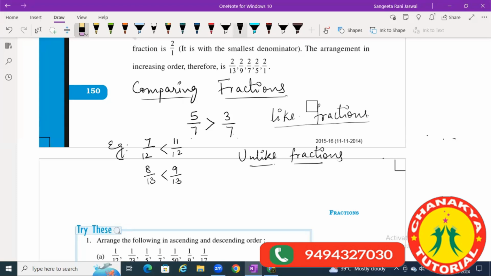We are classifying it into 2 parts. First one you can say same numerator, when the numerator is same. Second part is when the numerators are different.